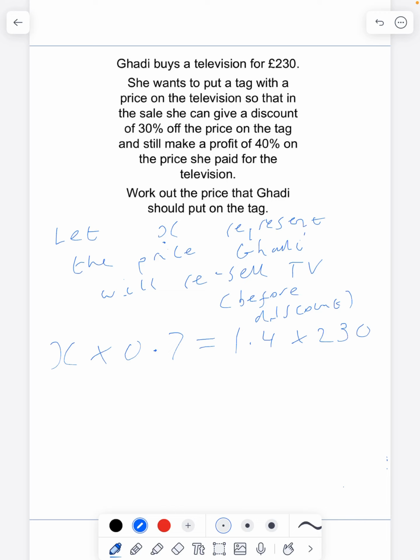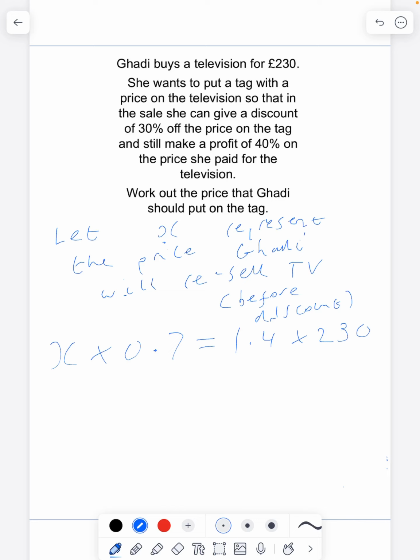And when we multiply 1.4 times 230, that tells us how much we have if we have a 40% increase of 230. And so in turn, that tells us how much a 40% profit of the original price that Gaddy paid for the television will be.